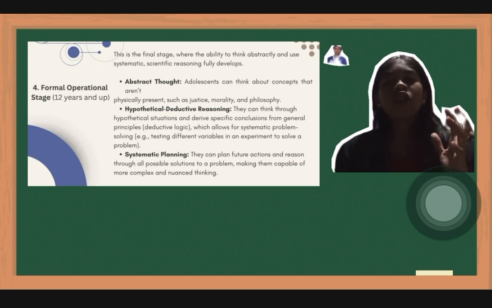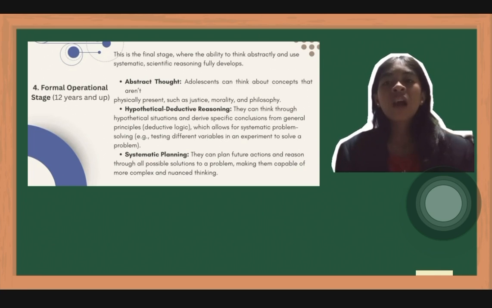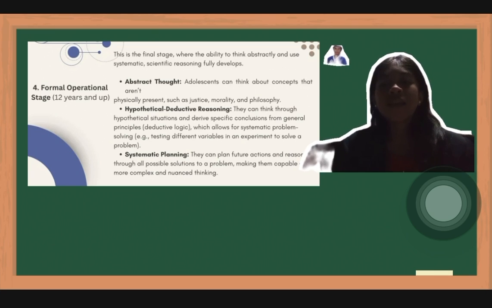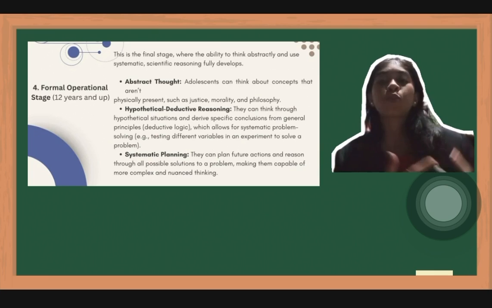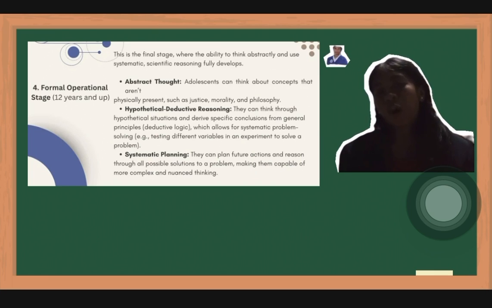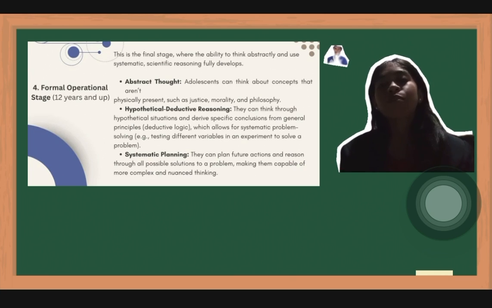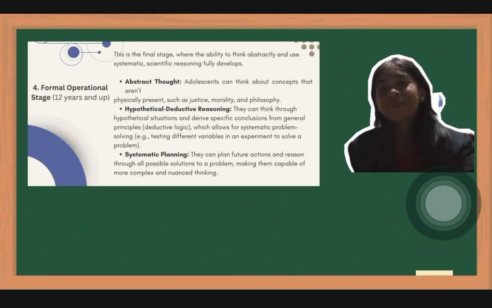Their language becomes more complex and philosophical. They are capable of expressing abstract ideas and engaging in persuasive or reflective dialogues. So that's all for me, guys. The next one will be discussed by other teammates.